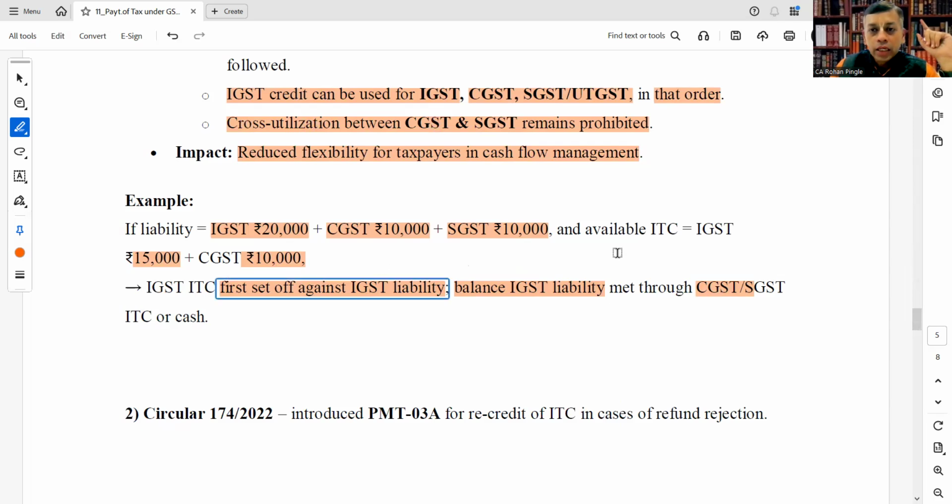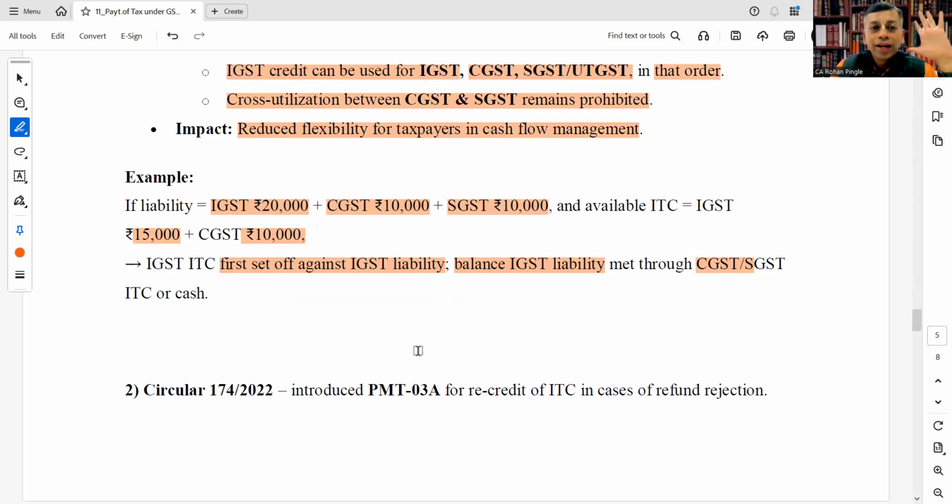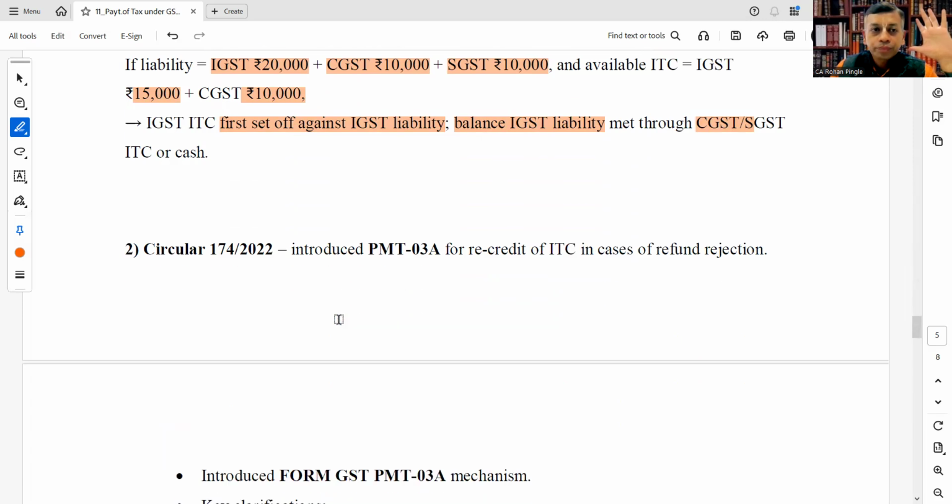Means in this case, your IGST credit of 15,000 will be utilized to pay your IGST liability of 20,000. Then there will again be a 5,000 liability. So your CGST credit of 10,000 will be utilized for IGST of rupees 5,000, and then the balance 5,000 will be adjusted against CGST. Then the balance 5,000 and 10,000 would be paid in cash. Hope that is clear. Okay.